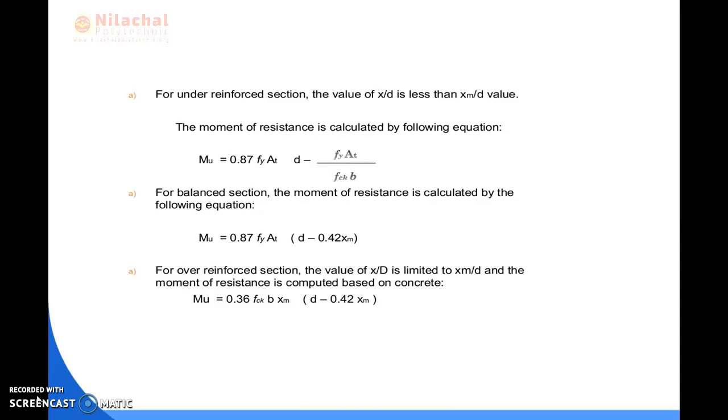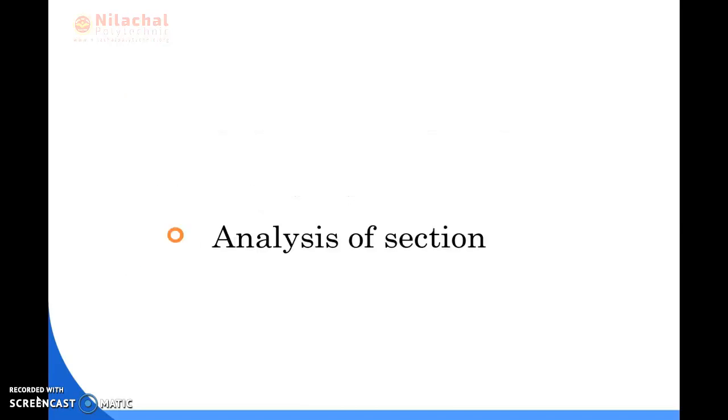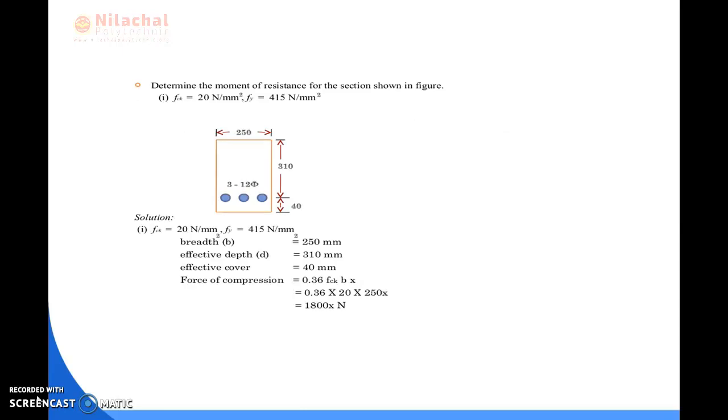So first of all, we discuss what is an over-reinforced section, an under-reinforced section, and a balanced section. Before going through the analysis part, we need to discuss these. In an under-reinforced section, the tension force is greater than the compression force.